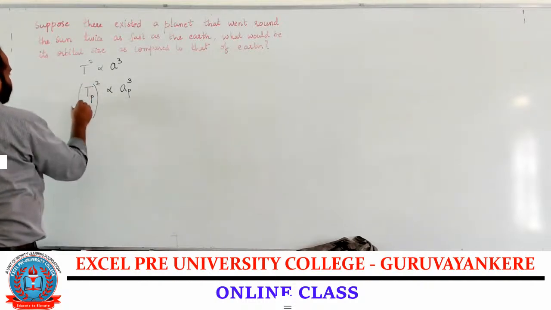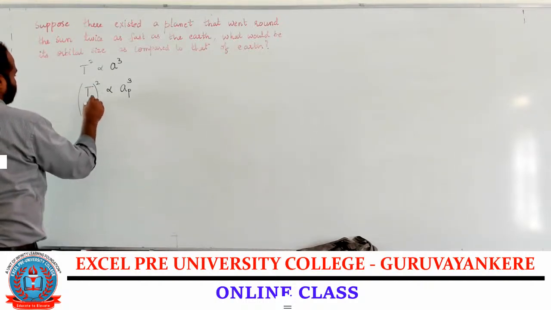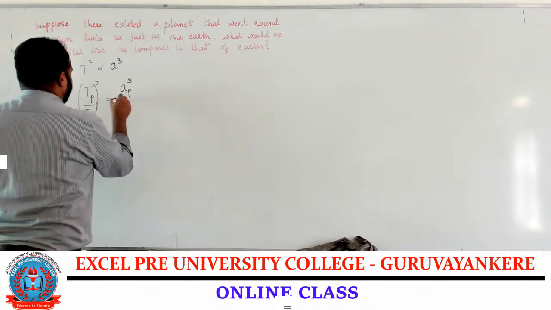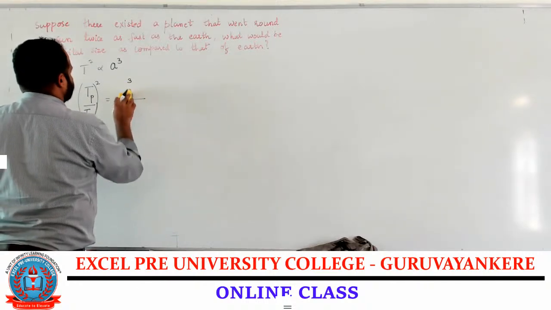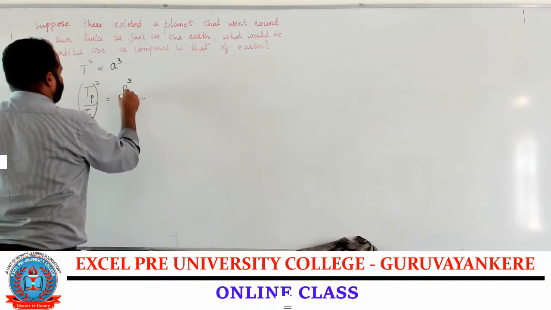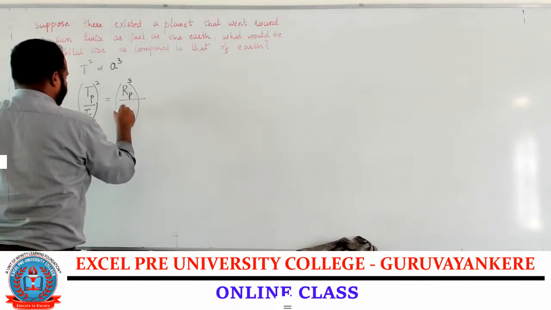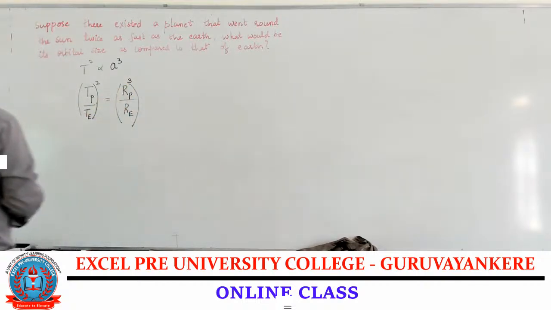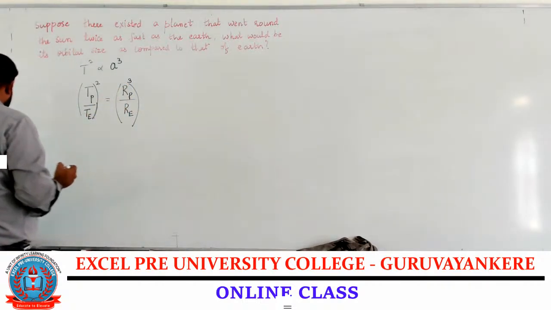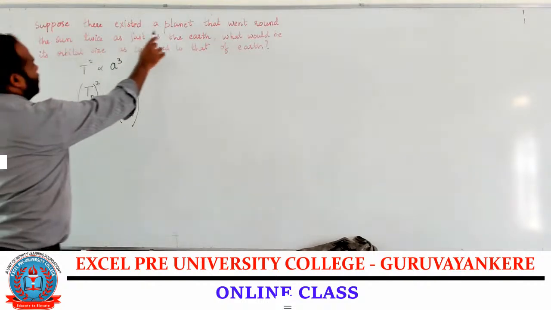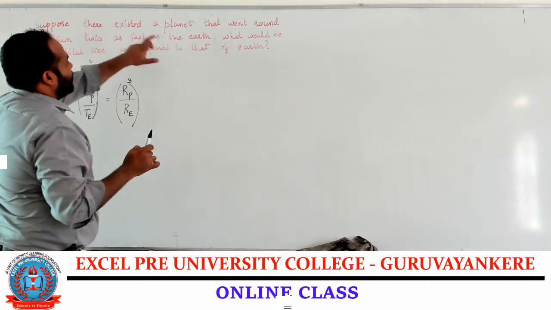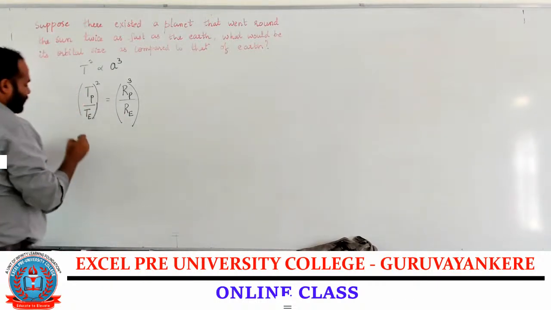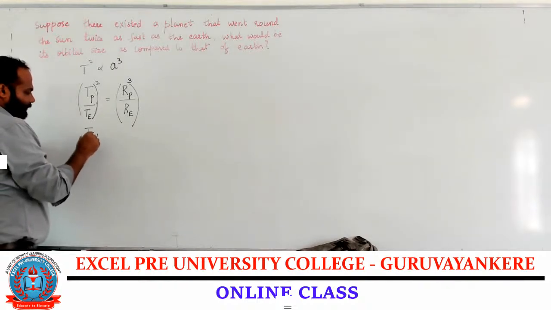Time period of the earth, and this is the orbital radius. So radius of the planet cubed by radius of the earth cubed. So we have to find out the radius of the planet. There existed a planet that went around the sun twice as fast as earth. So if the speed is 2 times, time period of the planet should be half, correct?